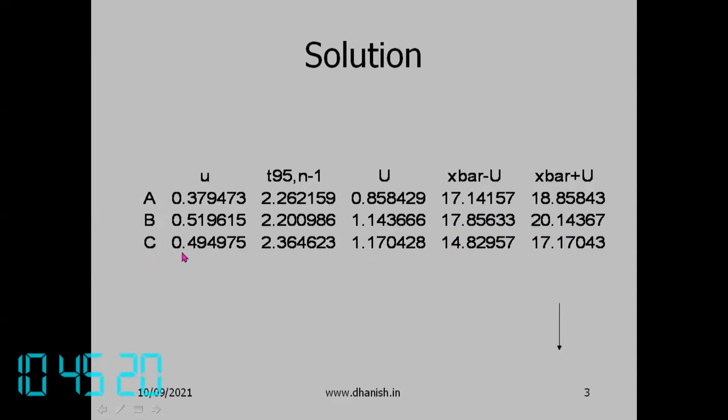Mileage of C is poor compared to that of B. And car A and C, 17.14, 17.17, very close. You can't really say whether C is worse than A or A is better than C. It's just on the border.